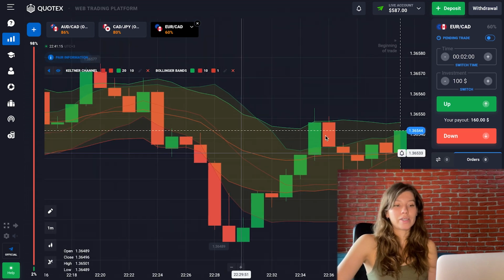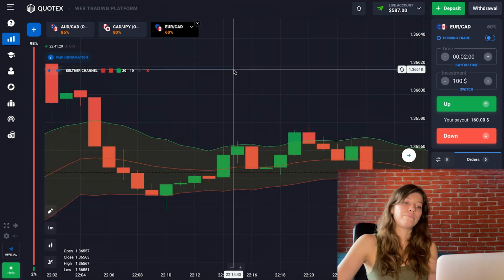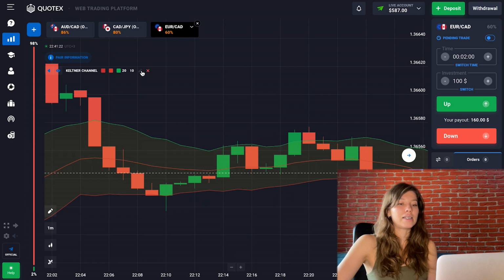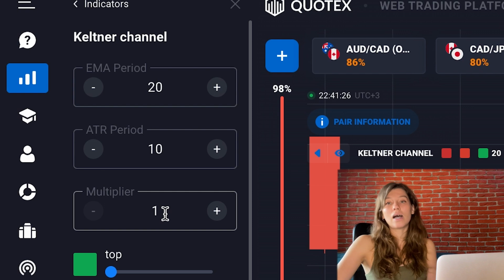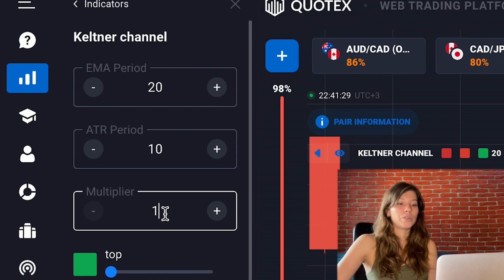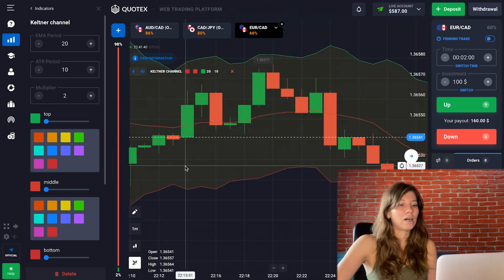So what's more interesting? The most commonly used settings are 2 ATR 10 for the upper and lower lines, and EMA I always keep at 20, which is the middle line. The middle line is pretty significant since it tends to act as a pullback level during ongoing trends.